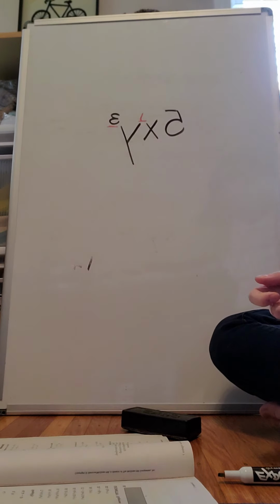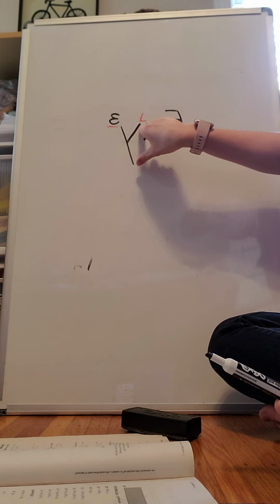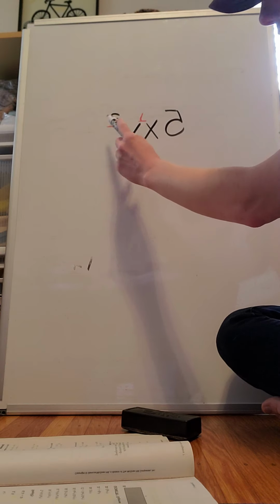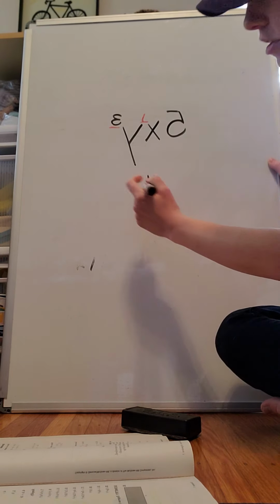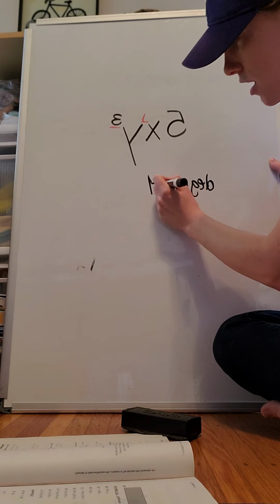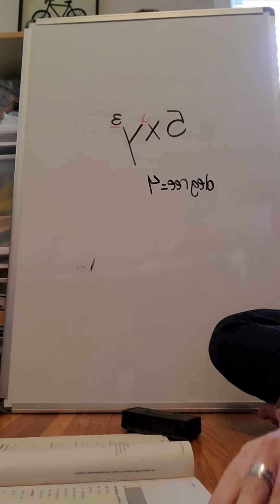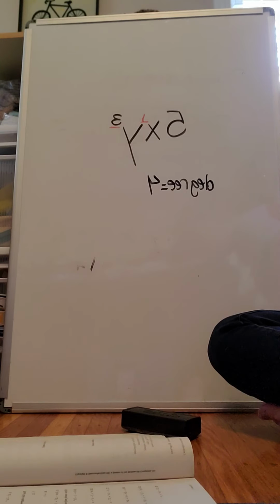That's x to the first power. So if I add up the powers of my variables in this monomial, I'll get 1 plus 3, which is 4. So this monomial has a degree of 4. This monomial has a degree of 4. That is what page 95, numbers 7 through 12 will help you with.